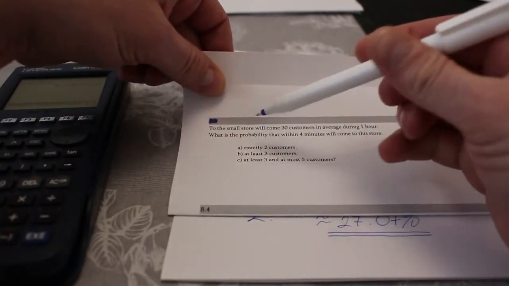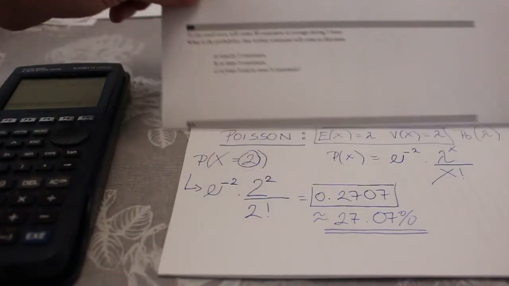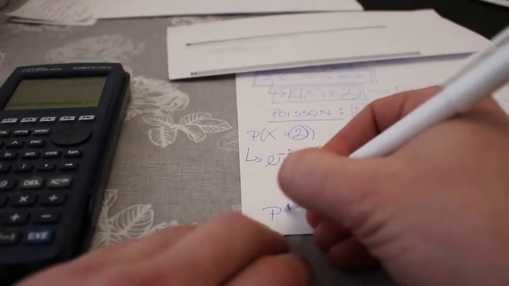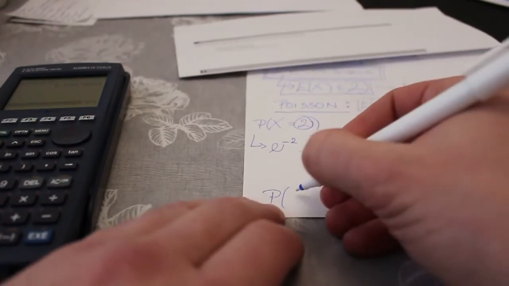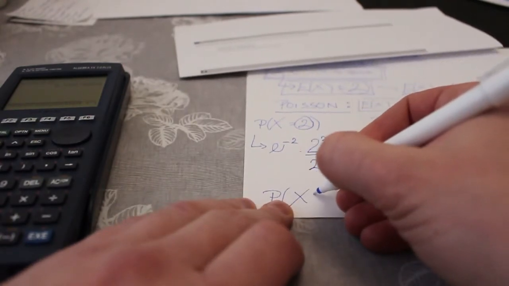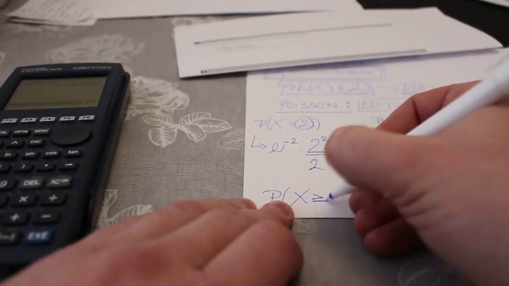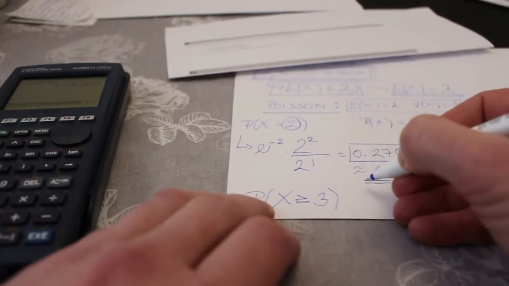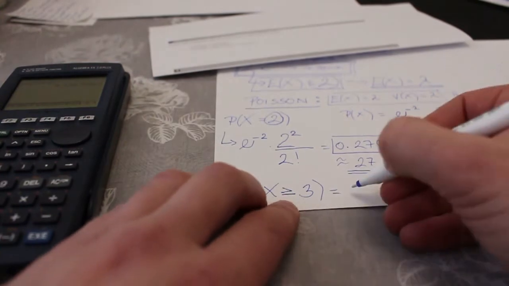Okay, we will continue. At least 3 customers. What is it? Probability that random variable x will be higher or equal to 3. So what does it mean?